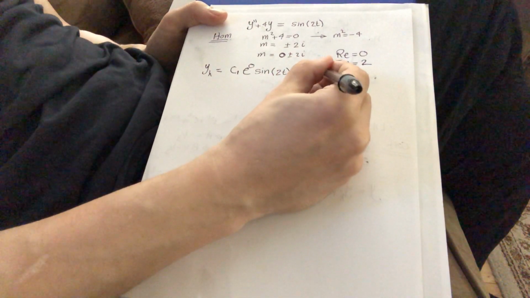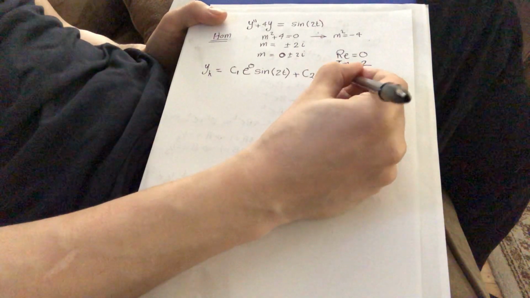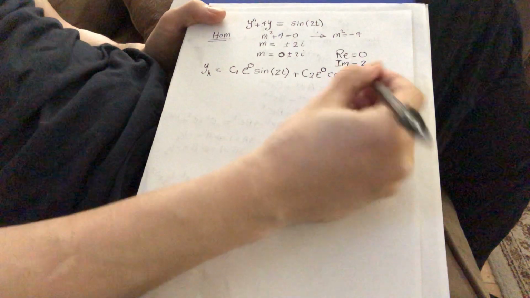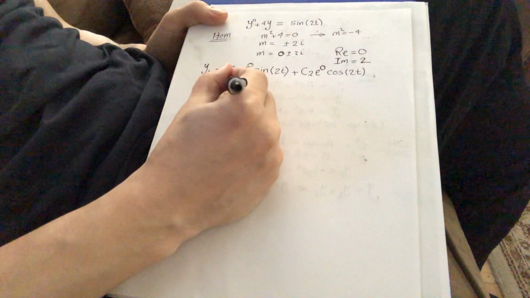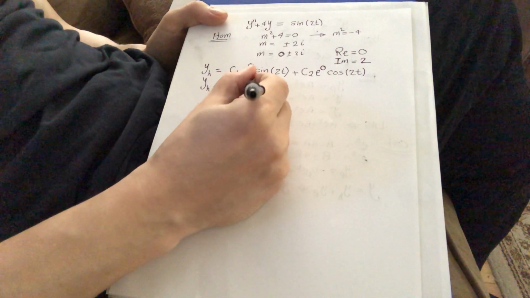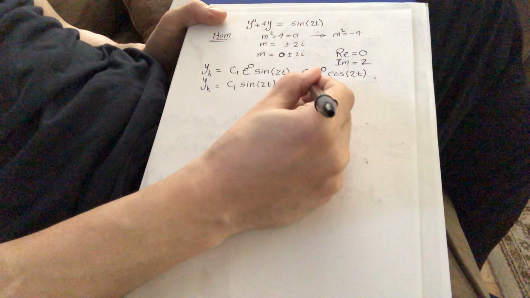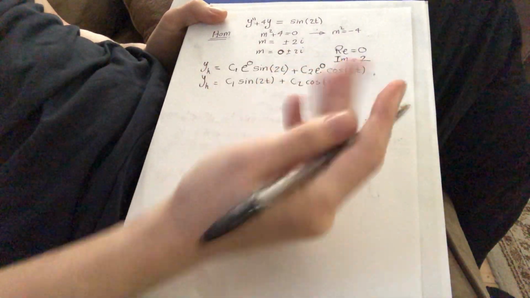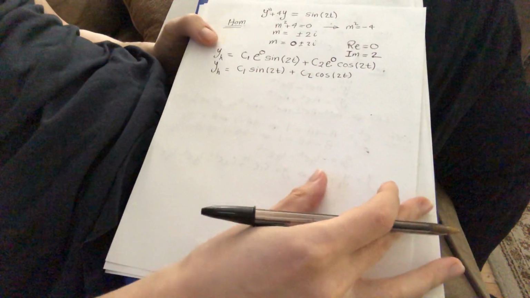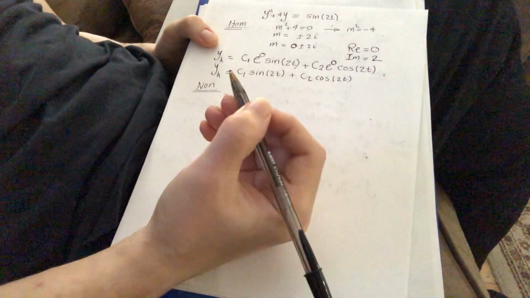So your solution for the homogeneous would be C1 sine 2t plus C2 cosine 2t, because you know e to the 0 is 1. So now we go and do the non-homogeneous.